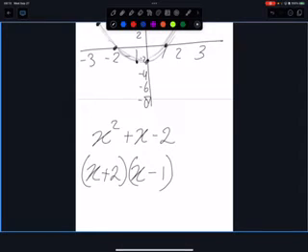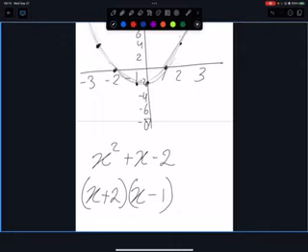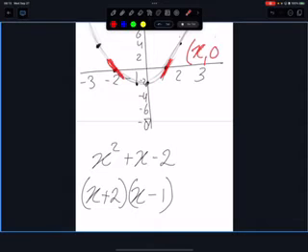Now, intersecting with the x-axis means your y coordinate is 0. Again, intersecting with the x-axis, your y coordinate is 0.